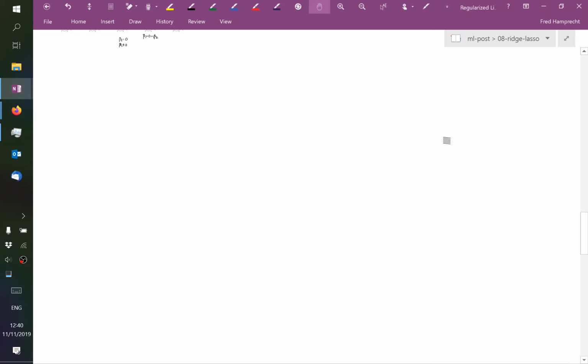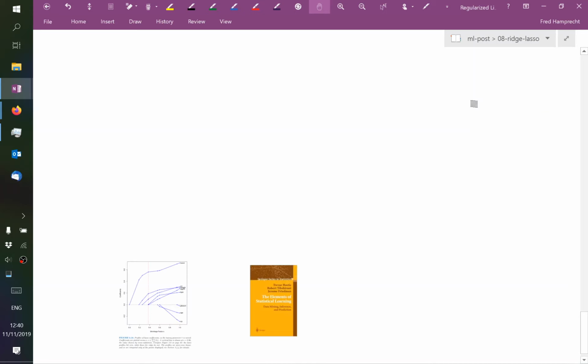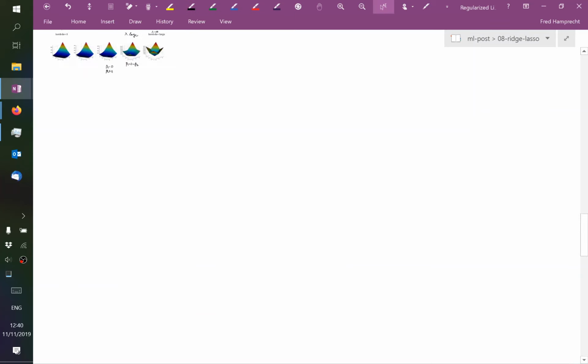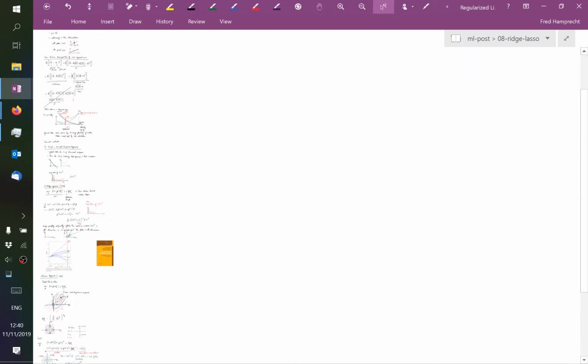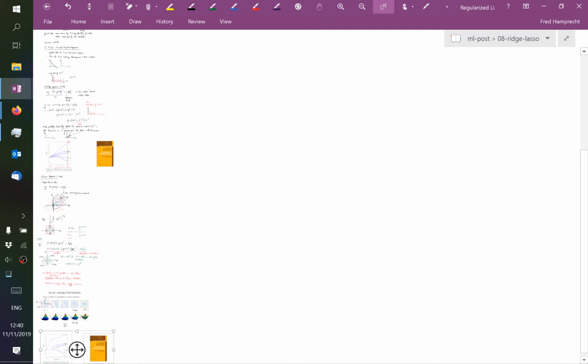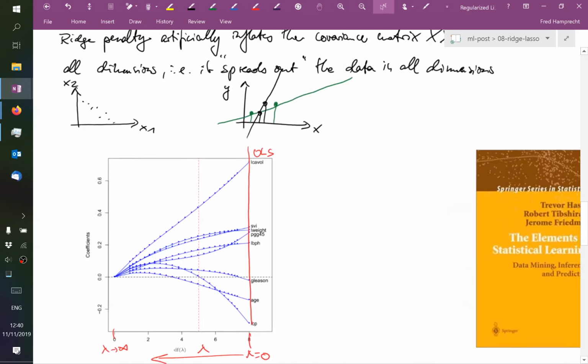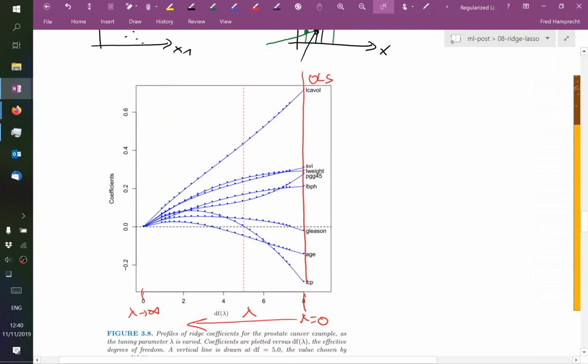All right, and if we do this for, let me look for, where's the example? There. Let's compare this to what happened at Ridge. Remember, this was the example from Ridge regression. As we increase regularization strength, parameters eventually became smaller, but they only become all 0 in the limit.